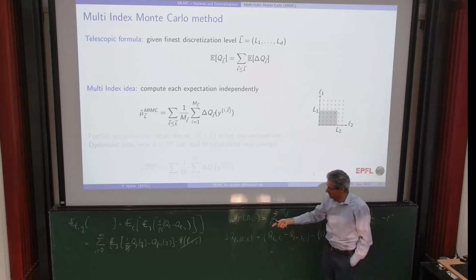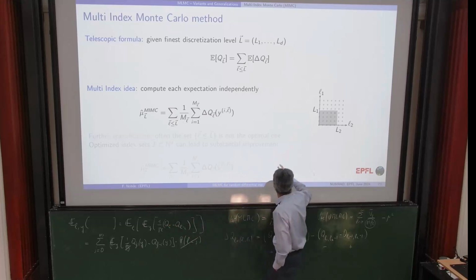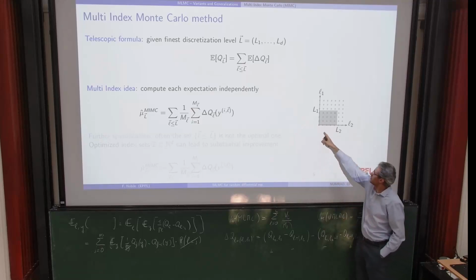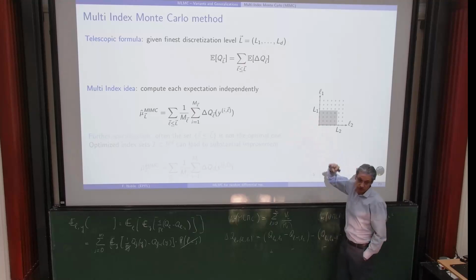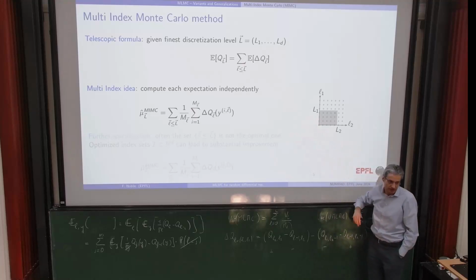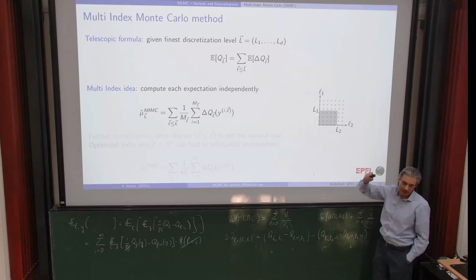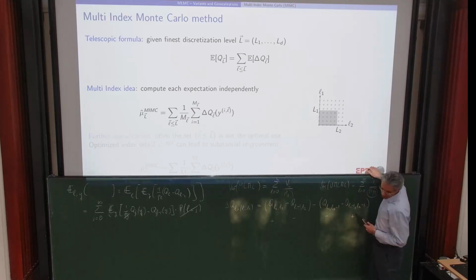So let's say if I refine one parameter, I may expect that this difference, when I refine in this direction, decays at a certain rate with respect to this discretization parameter. When I refine in that one, it should decay at some other rate. But when I refine in both, what do I expect this double delta to do? Well, it's a double difference. So think of a simple example.